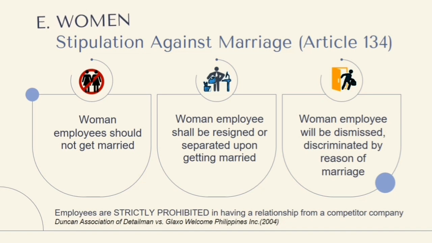So, class, if these provisions unfairly encroach on the right of the employer to protect its legitimate business, then marital discrimination may be allowed. Prohibiting employees from having a relationship with a competitor company is a management prerogative.